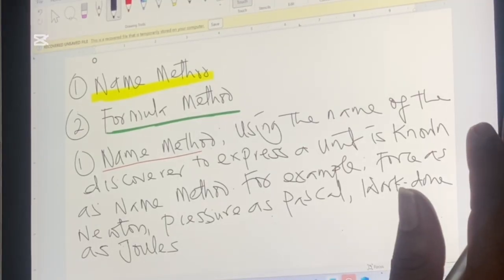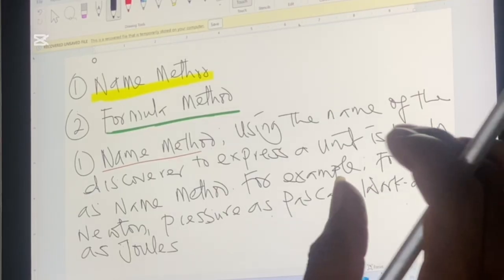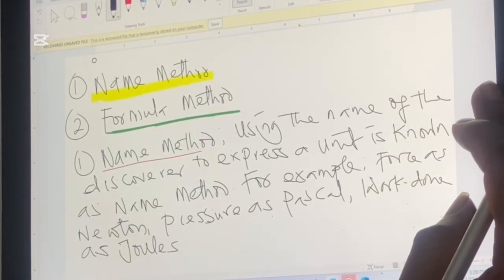Please take note. So this is what we call name method. So now let's explain the next method, okay?